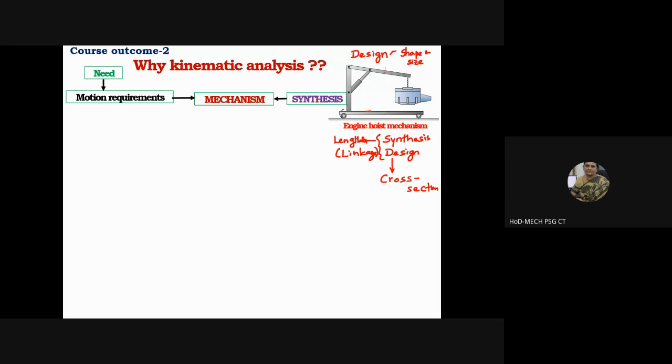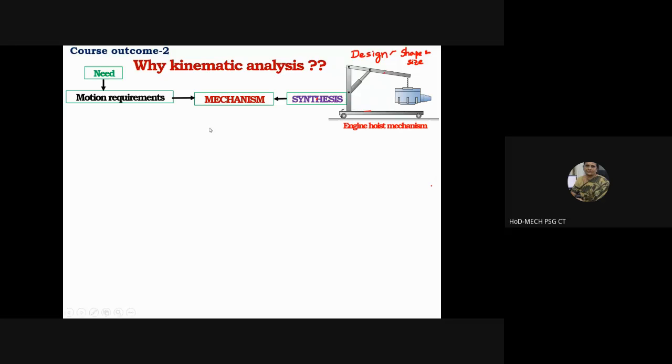In order to design the cross section, we need to know the forces that act on the different links. The different links will have to withstand the forces acting on each one of them, and we need to know the forces. Now let us see how they are all linked together. We'll now see how the major activity of design of mechanisms is linked to kinematic synthesis, and where the need comes in.